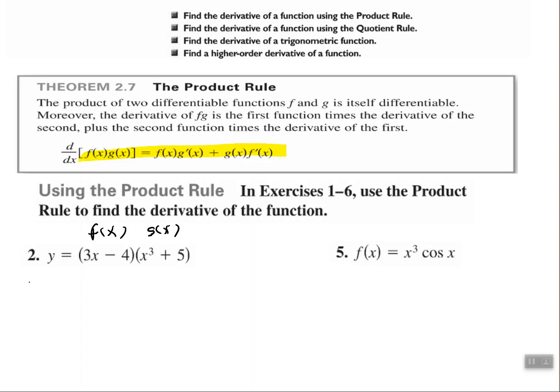So to find our derivative of f of x times g of x, that's going to equal the first times the derivative of the second plus the second times the derivative of the first.